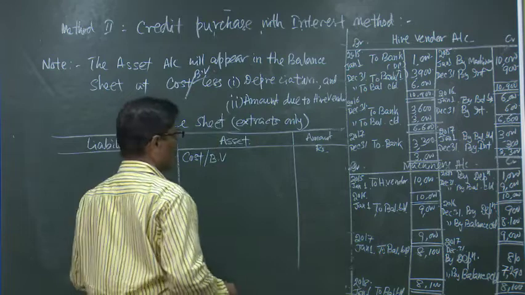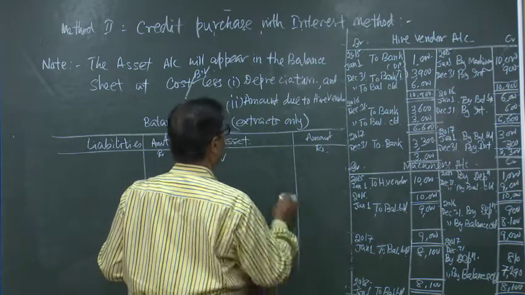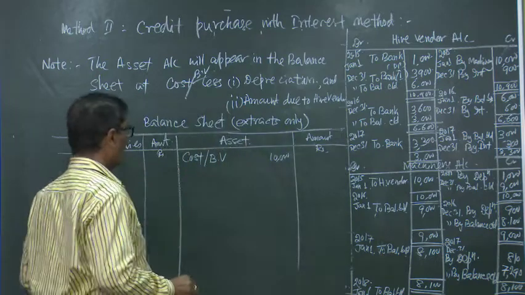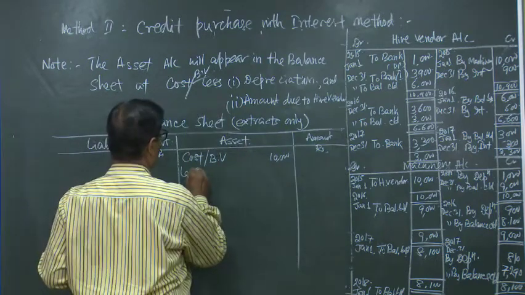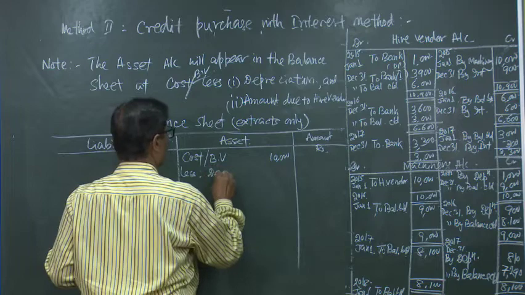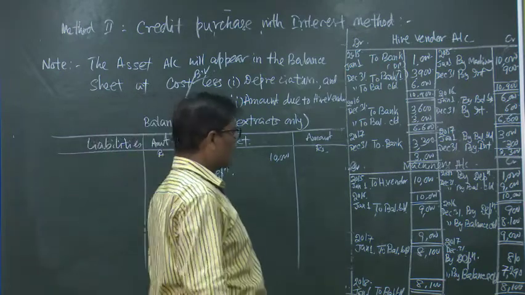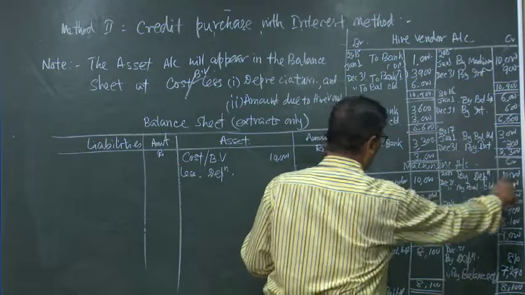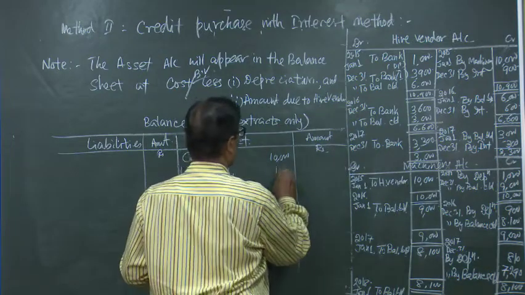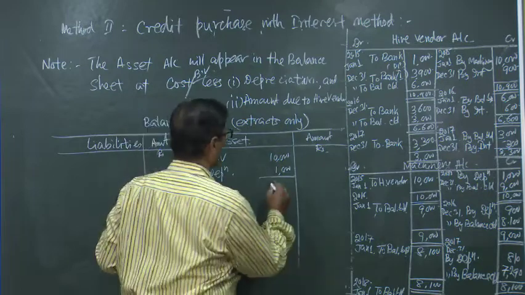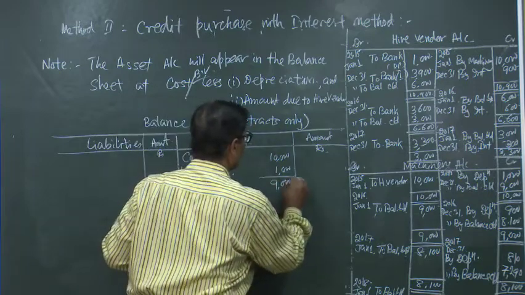Book value is how much? 10,000 less depreciation. What is the depreciation in the first year? The first year depreciation is amounting to rupees 1,000. So, cost was 10,000 less depreciation 1,000, it is coming to 9,000.